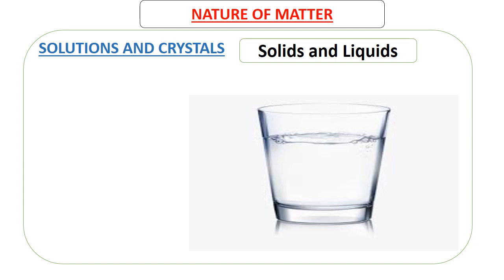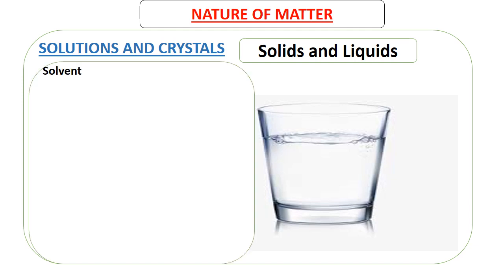The sugar cubes or the salt crystals, as they are called, are solid in nature, and water is liquid in nature. So I've mixed a liquid and a solid, and what happens is one dissolves in the other.